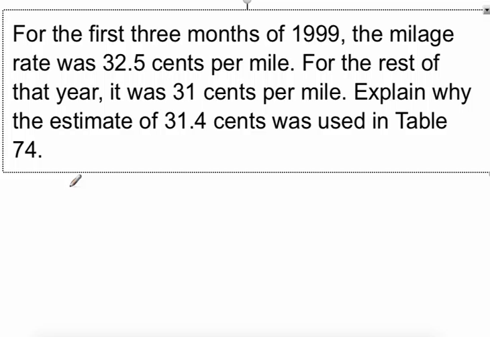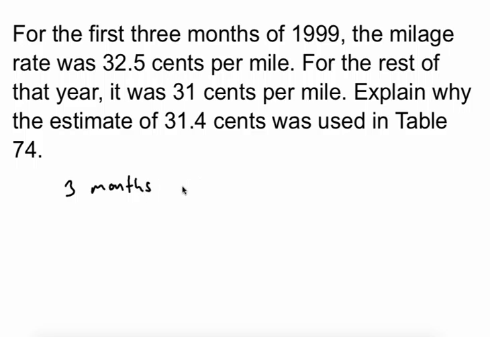Now, do note, this will probably be helpful, that 3 months is 1/4 of a year. So when in business they talk about first quarter, second quarter, third quarter, fourth quarter, those are 3-month increments.